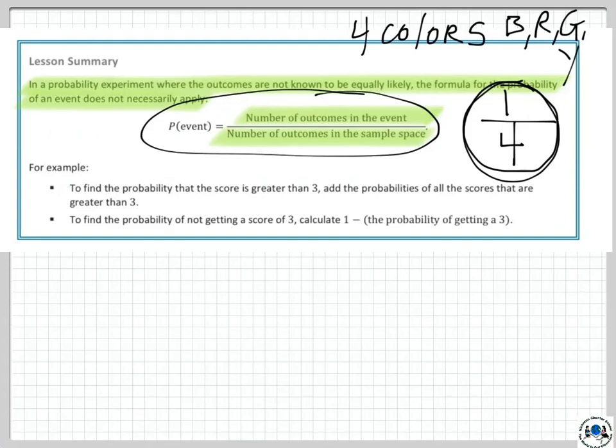To find the probability that a score is greater than 3, add the probabilities of all the scores that are greater than 3. To find the probability of not getting a score of 3, calculate 1 minus the probability of getting 3. And these are things that we did.